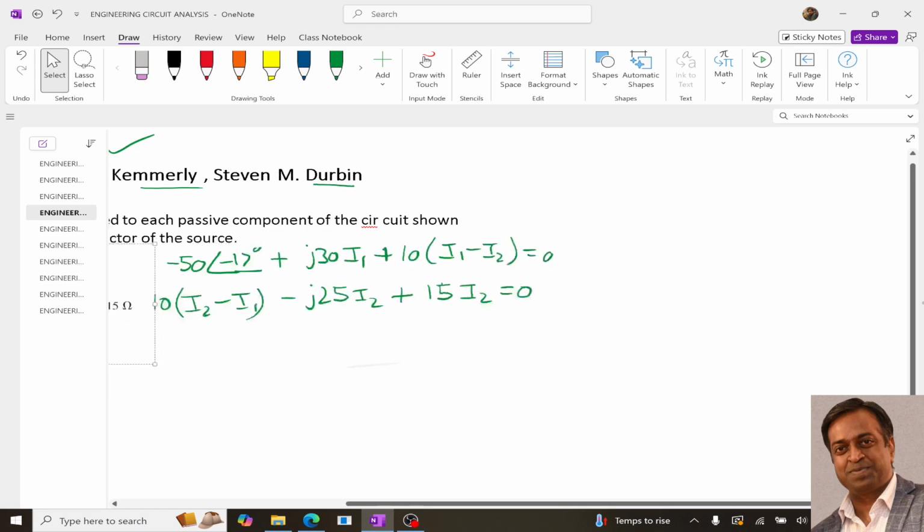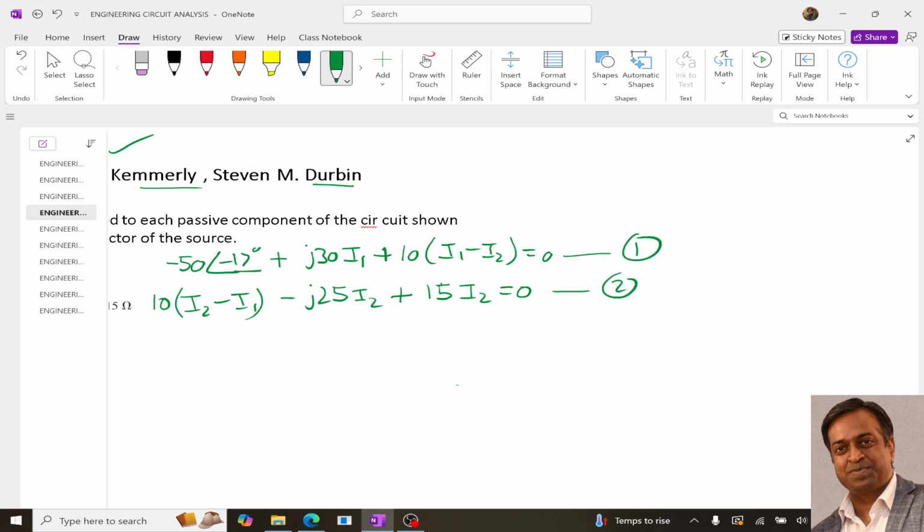So these are the two equations, and we can solve them. Looking at the second equation, we can rearrange it, bringing all the I2 terms on one side and the I1 on the other.